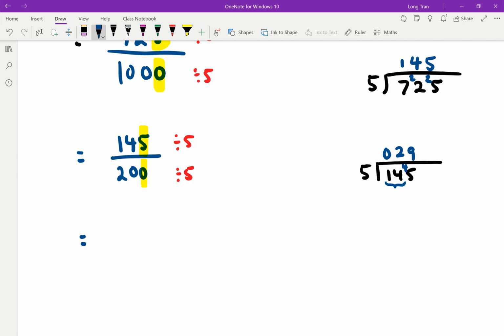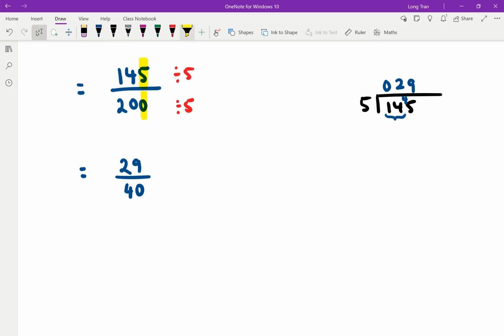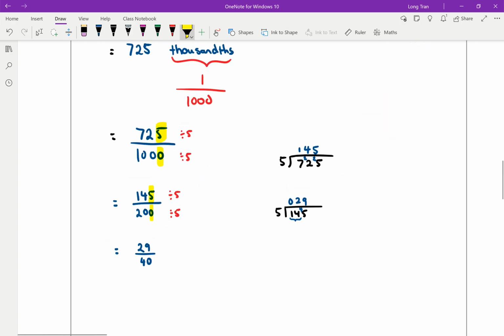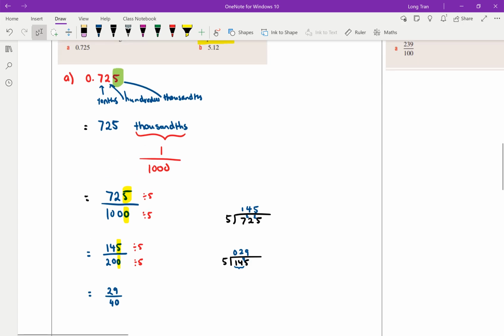So I now know it's 29 over, and how many 5s fit into 200? That's 40 times. Now I notice the 2 digits are different, a 9 and a 0. Then I need to look at my times tables. Do I have a number that can go into 29 and 40? Currently I can't think of any other numbers. So that's how you would do it if you were to write the simplest fraction.